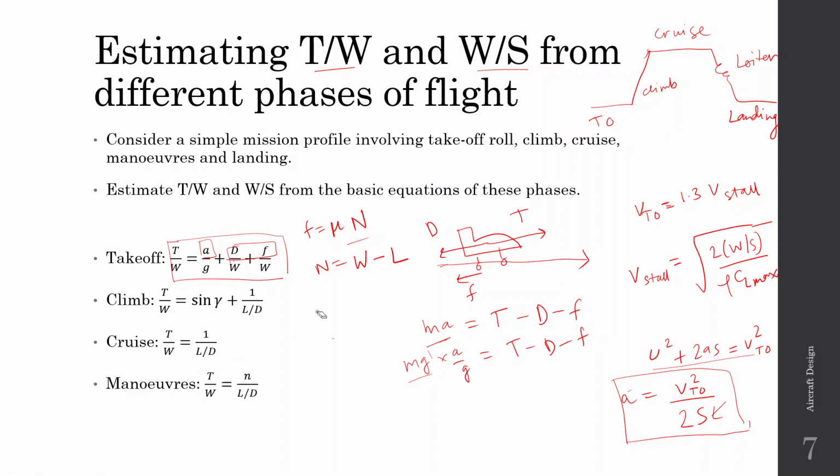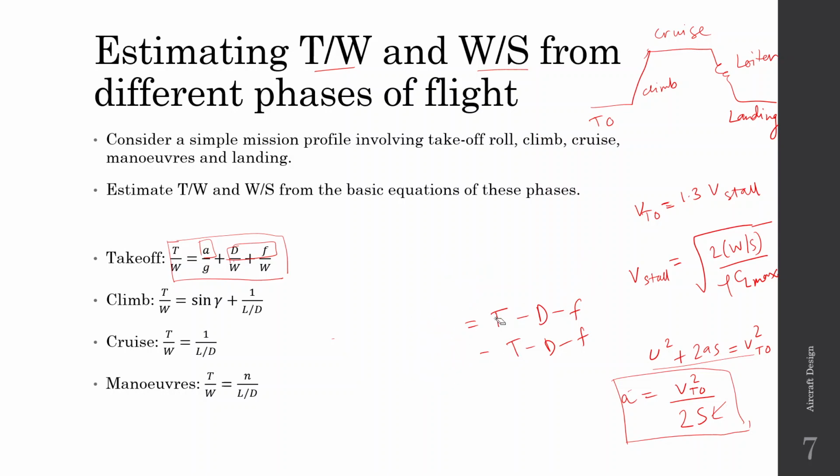Now let me erase this. I am trying to show how you can use these equations to calculate the thrust loading and wing loading at different phases of flight. Then for the climb phase also we can write the fundamental equations.